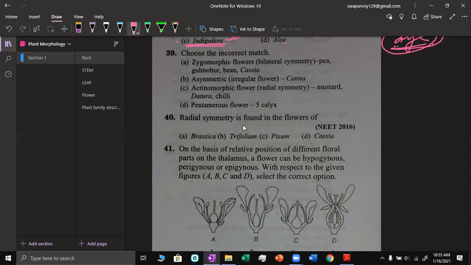Radial symmetry is found in the flower of which plant? NEET 2016 asked this question. Radial symmetry is the actinomorphic flower, also known as the regular flower.